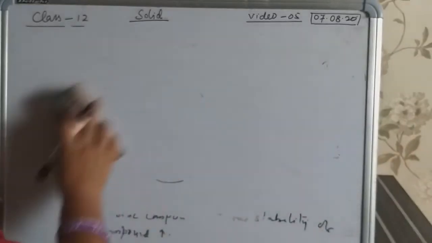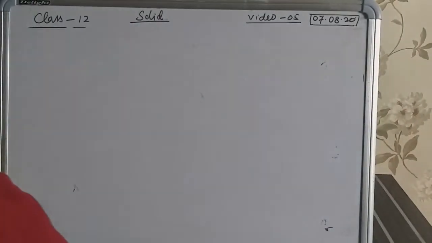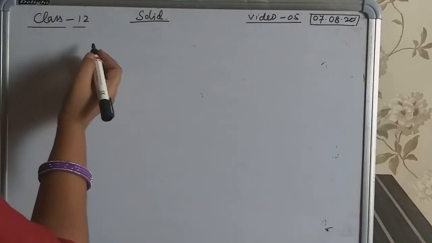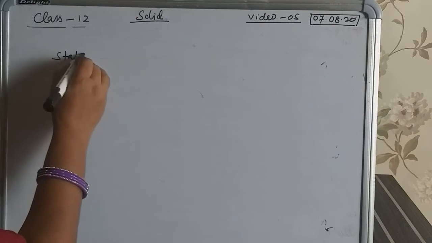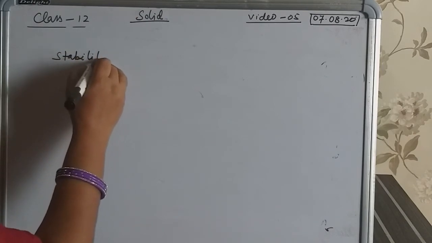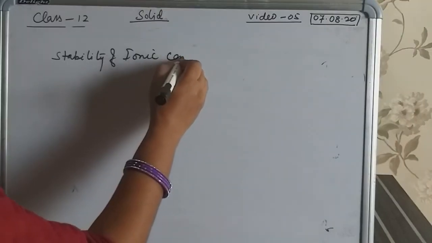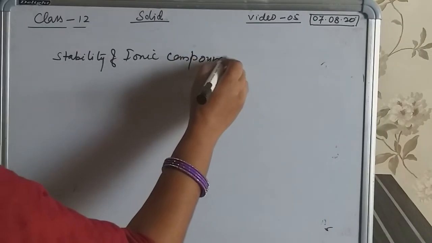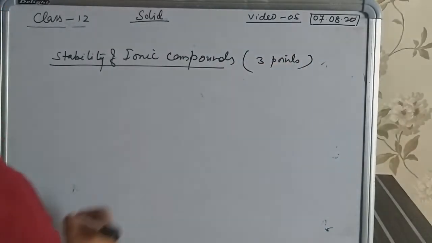Our next point: mainly 3 points are important for the stability of ionic compounds. What are the 3 points? Note down only 3 points.